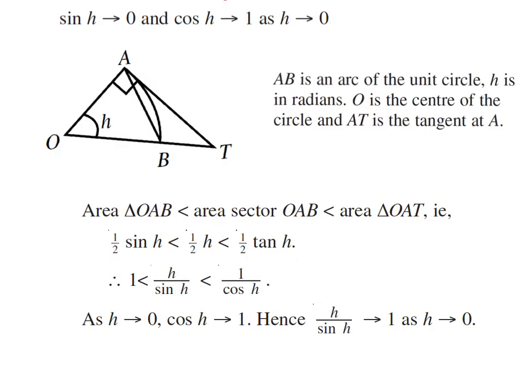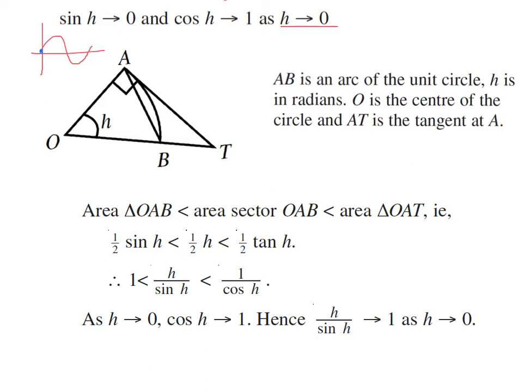Alright, so now what you know about the sine curve and the cosine curve, this is a little proof for you. I think it's all from your textbook. So you know the sine curve, that as h approaches 0, so we're talking about limits here, or you could say as x approaches 0, you can see there that sine x or sine h approaches 0.